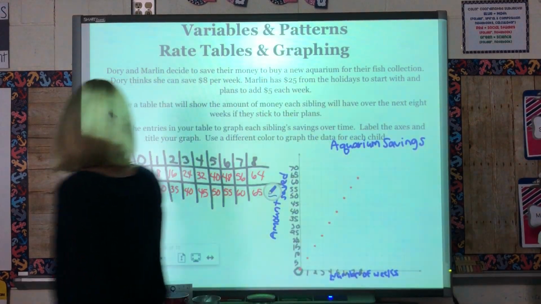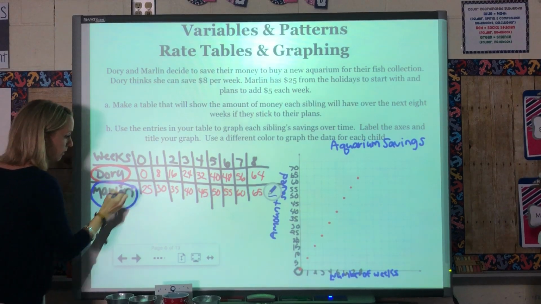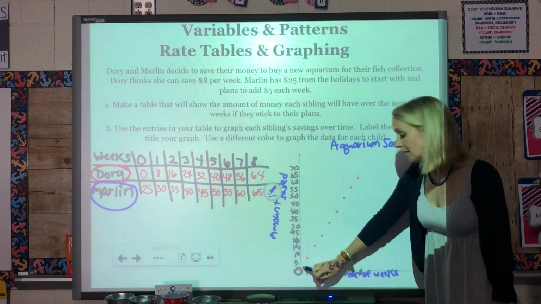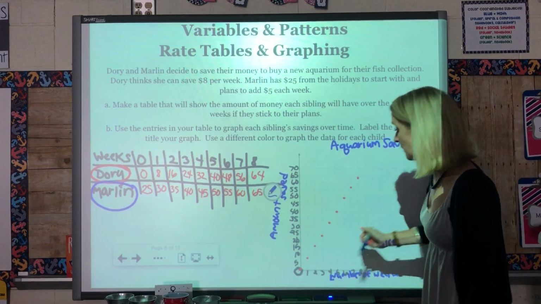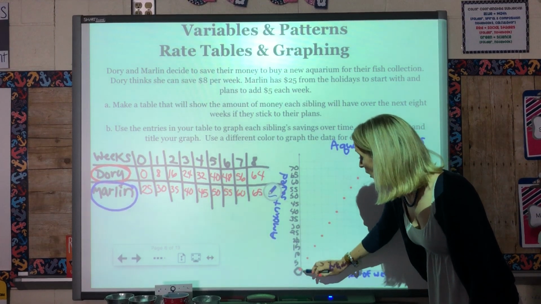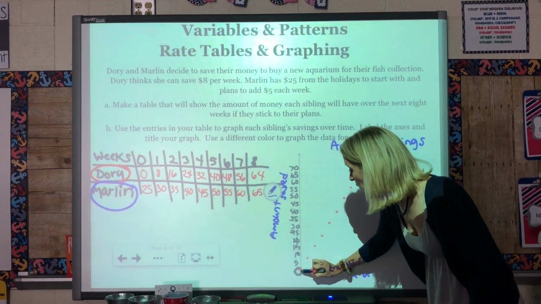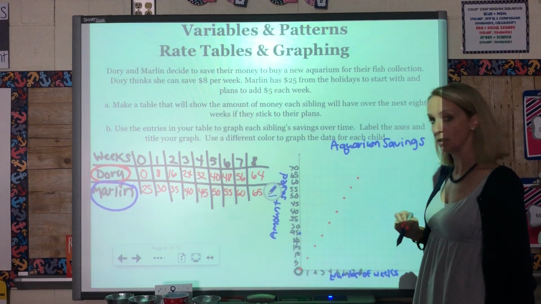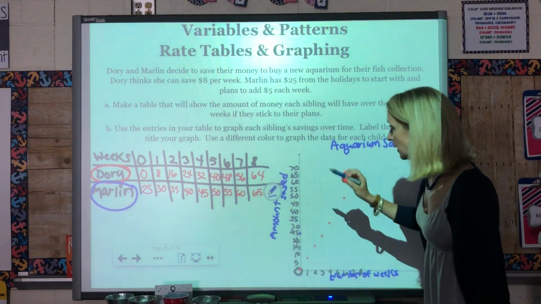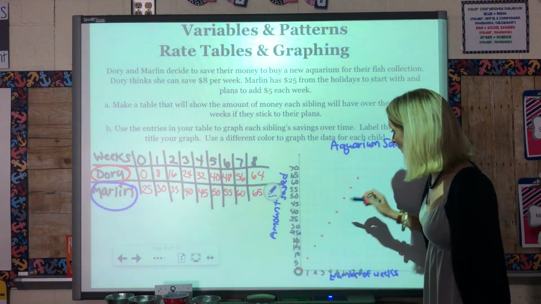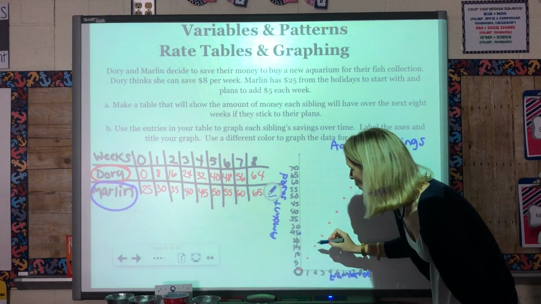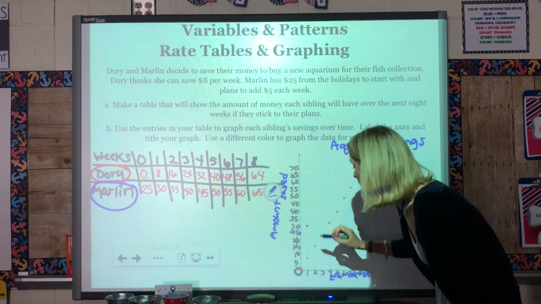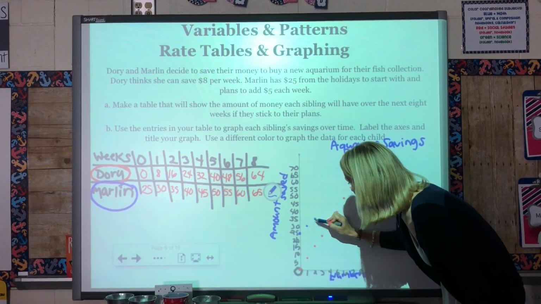And I'm going to move on to graph Marlin. So Marlin's going to be blue. At week 0, Marlin already had $25. So before we even started, Marlin's graph is starting right here because he started at $25. Week 1, he's at $30 because he saved $5. Week 2, $5 more, so we're at 35.